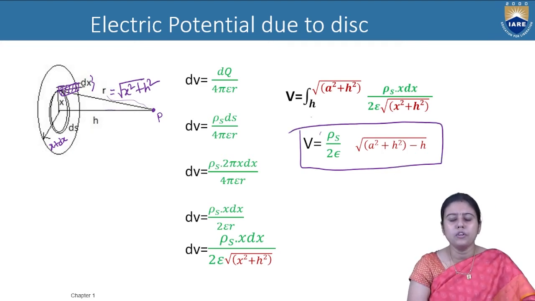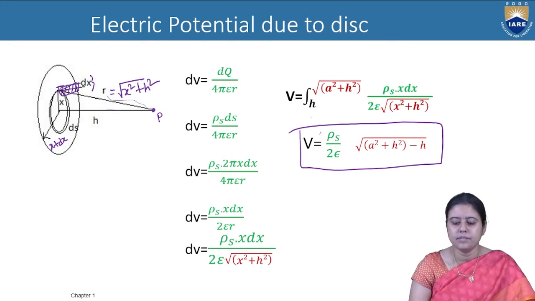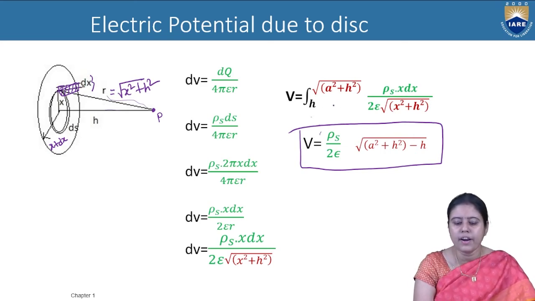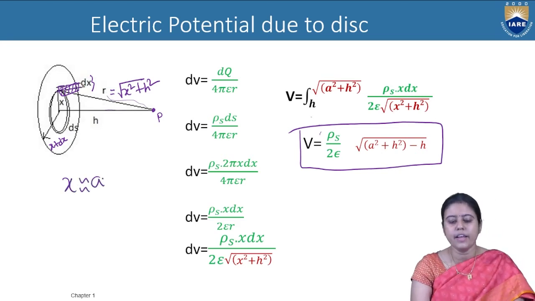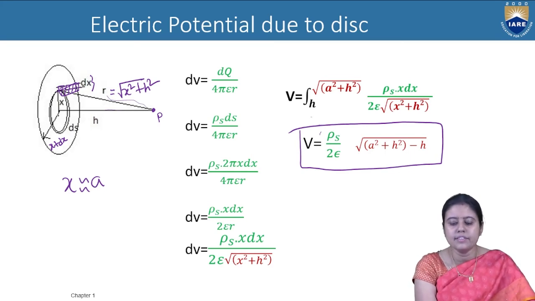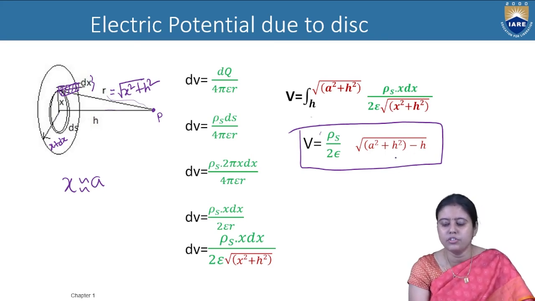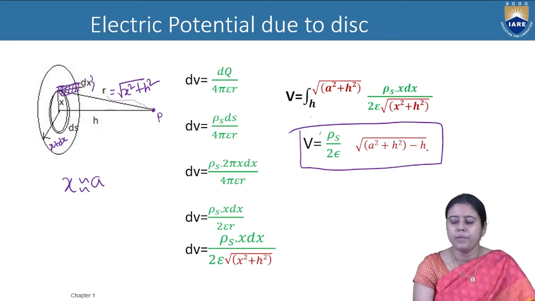Now if we want to bring the point to the center, why are we writing a? We are assuming the x value as a.